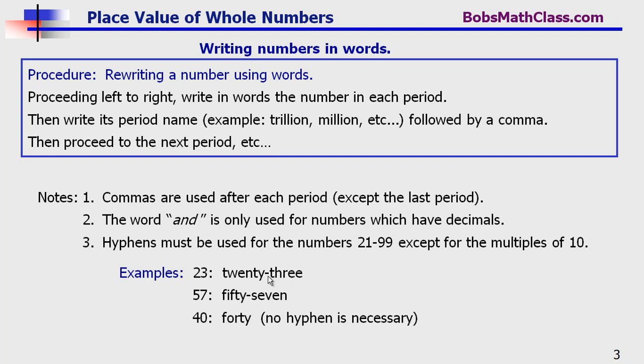But 40, we do not need a hyphen because it's a multiple of 10. Also note that 40 is spelled F-O-R-T-Y. Many people spell it F-O-U-R-T-Y, which is incorrect. There's no U in the 40. The number 4 is F-O-U-R, but 40 is F-O-R-T-Y.